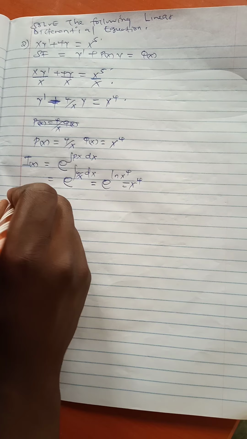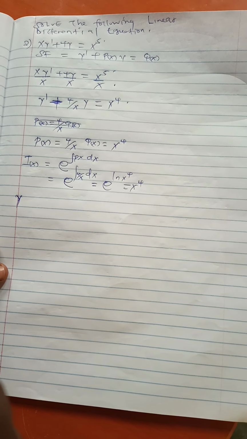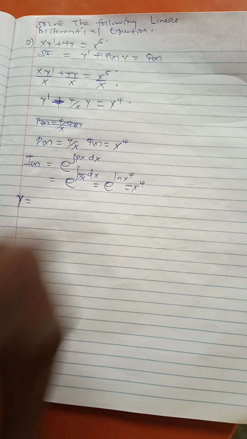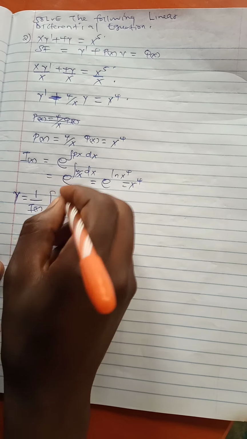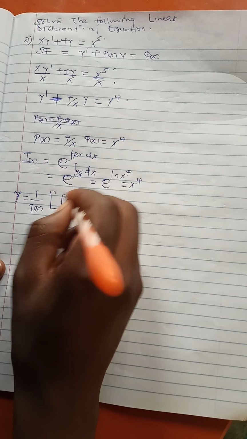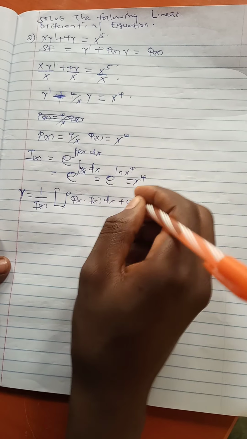Then we are going to find our y, and I'm going to give a formula that can easily be used to solve it. y is given by 1 over the integrating factor times the integral of q of x multiplied by the integrating factor dx, plus some constant c.